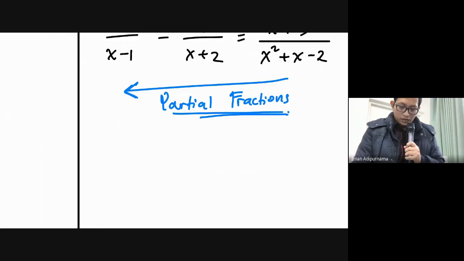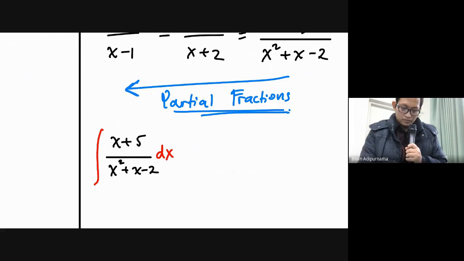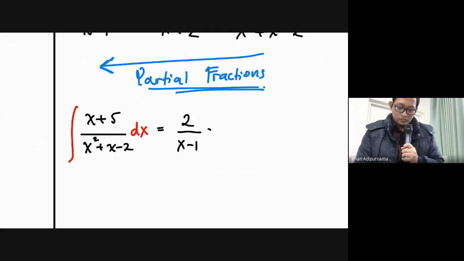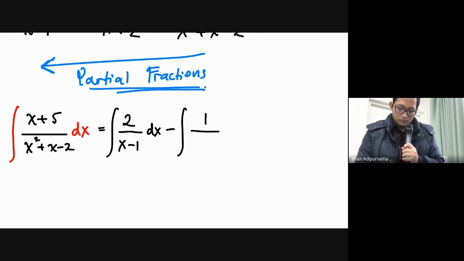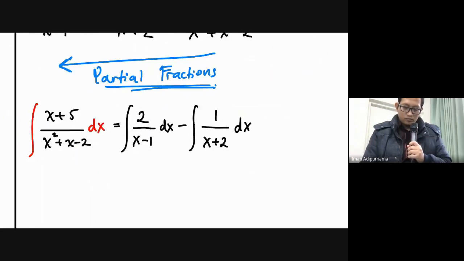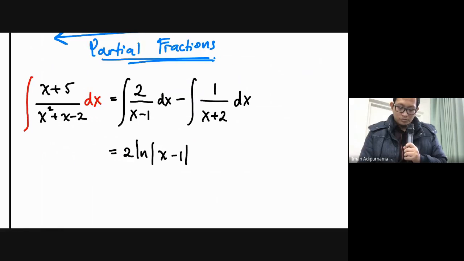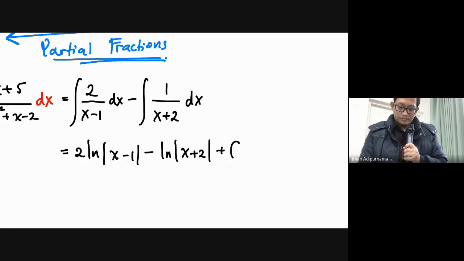So I can rewrite this. If you are asked to integrate this, you can write it as 2 ln x minus 1, minus ln x plus 2, plus c.